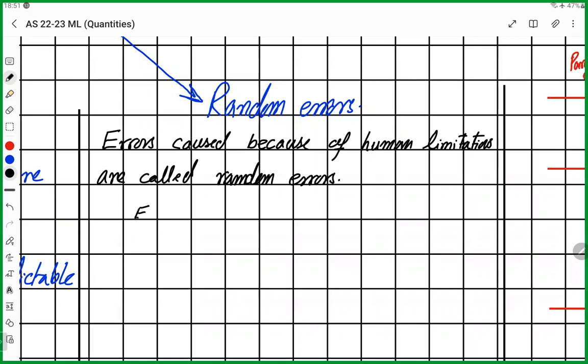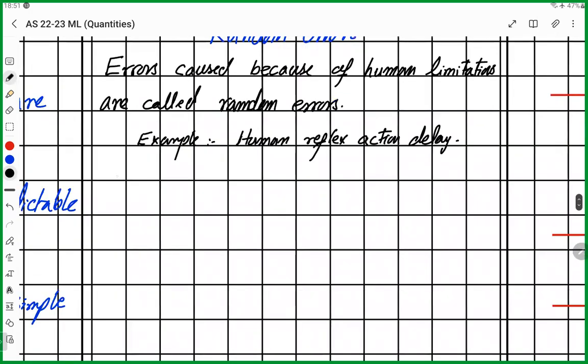For example, human reflex action delay. Errors caused by human limitations are called random errors.